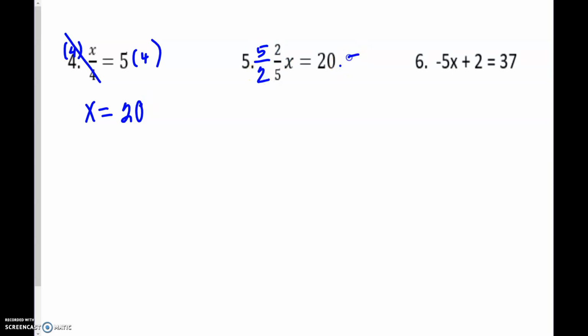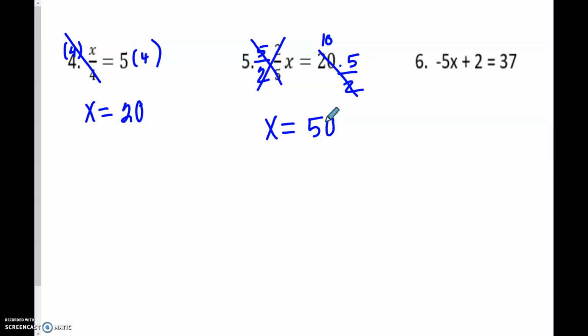So we're going to multiply by 5 over 2. Here the 2's cancel, the 5's cancel, so we have 1x, which is just x equals, and now you can use your calculator, 20 times 5 over 2. So 2 goes into 20 10 times, and 10 times 5 is 50.